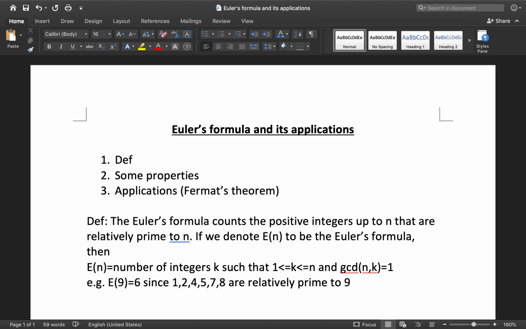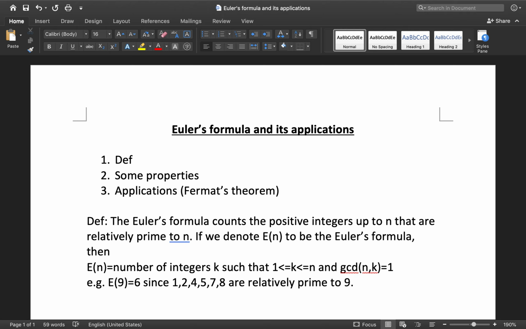So you just get all the integers which are relatively prime to 9 and are between 1 and 9. Here we have 6, namely 1, 2, 4, 5, 7, and 8. Those 6 integers are all relatively prime to 9 and between 1 and 9. So that's why E9 is equal to 6. That is how we get the value.